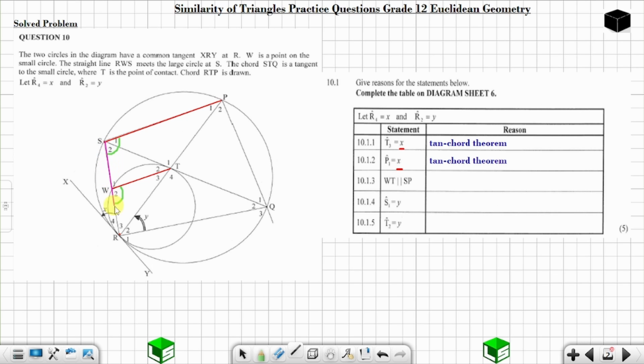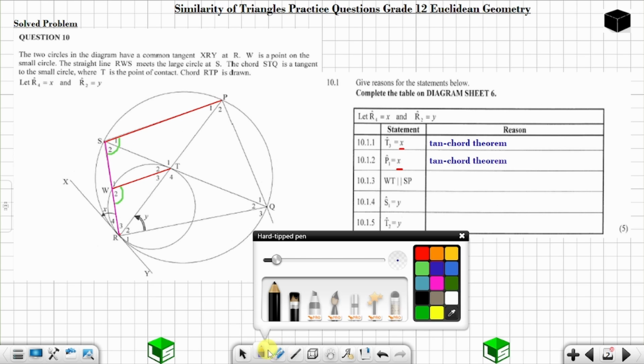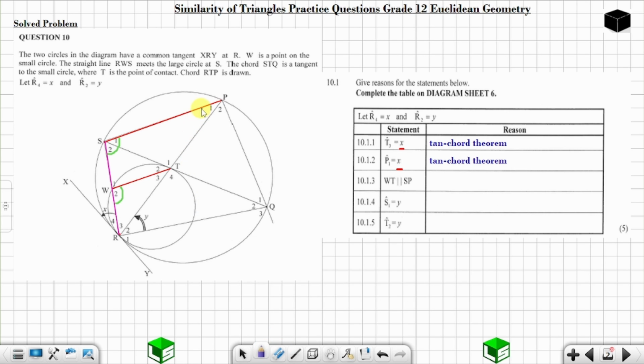You have the F shape. Or if this angle is equal to this angle, then the two lines are parallel. Again, you are going to have the F shape.